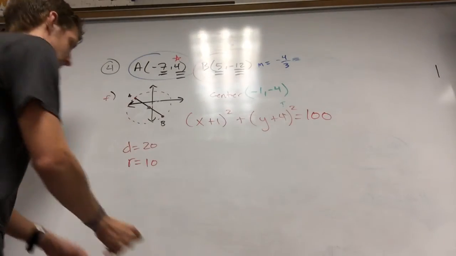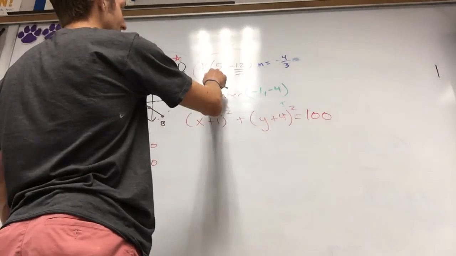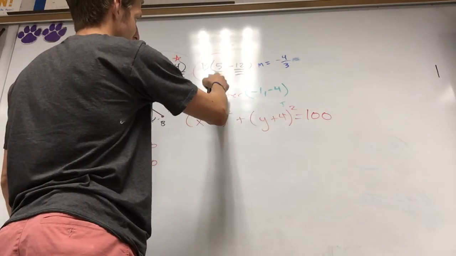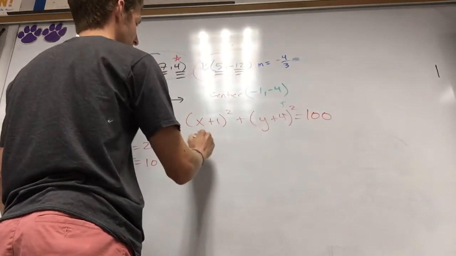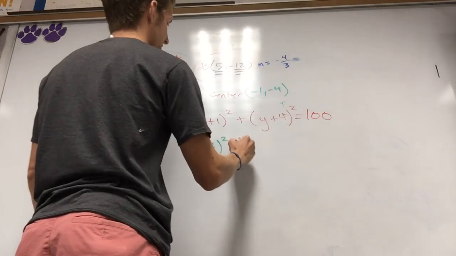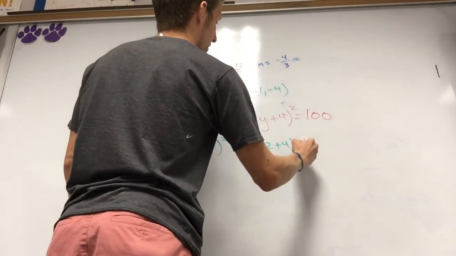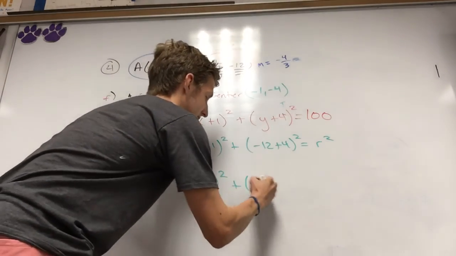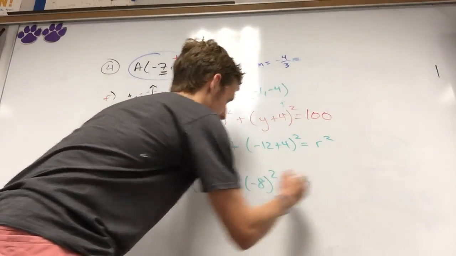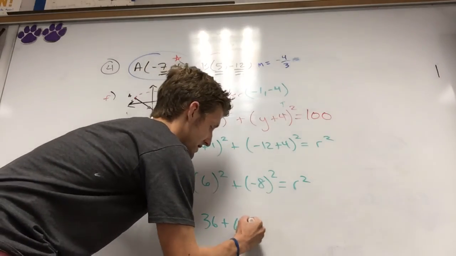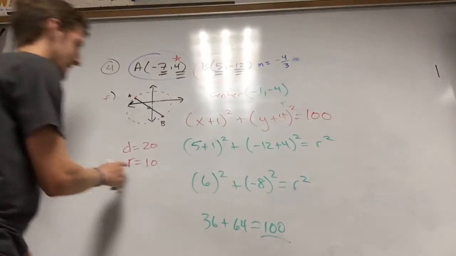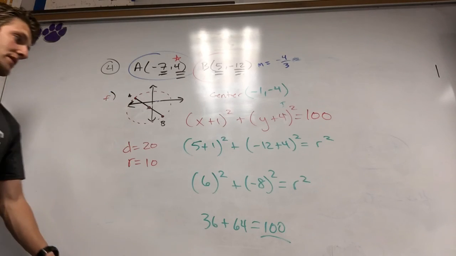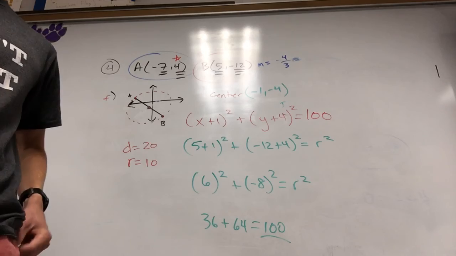Now let's check that. Let's make sure. Okay, so let's say I didn't know what the radius was. I'd plug in 5 for x and negative 12 for y. 5 plus 1, let's make sure it checks out, plus negative 12 plus 4 is equal to radius squared. 6 squared plus a negative 8 squared, be careful. 36 plus 64 is in fact 100, and I knew that the radius had to be 10 because I knew the distance between the 2 points was 20, and that was the diameter.